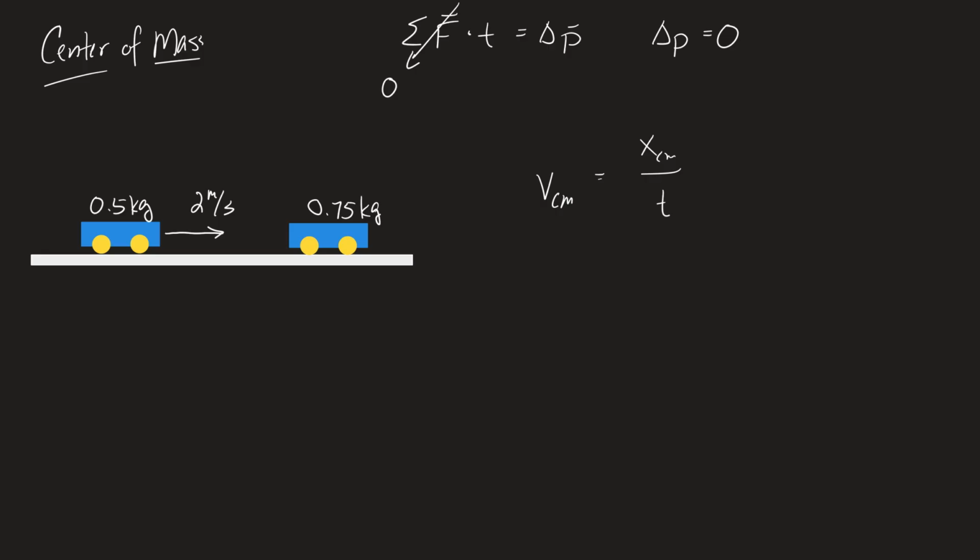And if you don't like that, a better way of saying it is that it would be d/dt of x center of mass, but I don't think you guys like that at all. But this would be the derivative of the position of the car with respect to time. But it's just also dividing by a time interval. How does that position change? So delta x over delta t. Does that make sense so far?